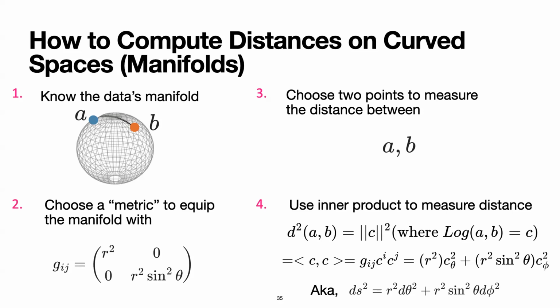And now this same metric term will yield something very different because of our R squared term, and our R squared sine squared theta term, which are in the metric. So we can see that the metric is clearly influencing distance on manifolds, and the choice of metric also influences distance, and we're not able to compute distances on manifolds without the metric.